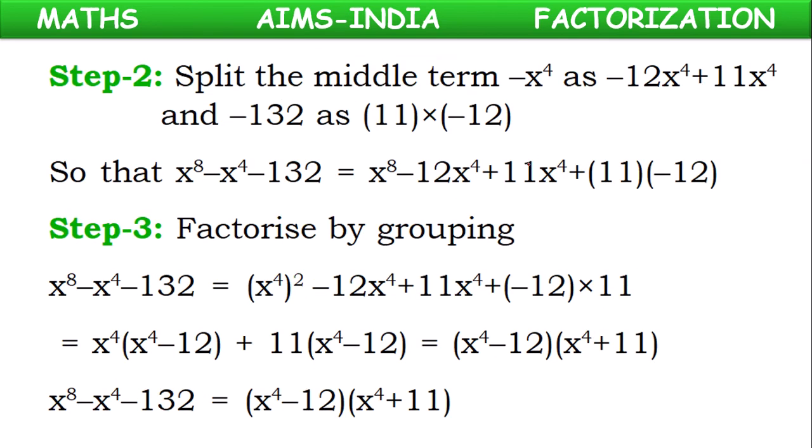So the middle term, minus x power 4, can be written as minus 12 x power 4 plus 11 x power 4. This third term, minus 132, can be written as 11 into minus 12. So now in this first group, x power 4 is common.